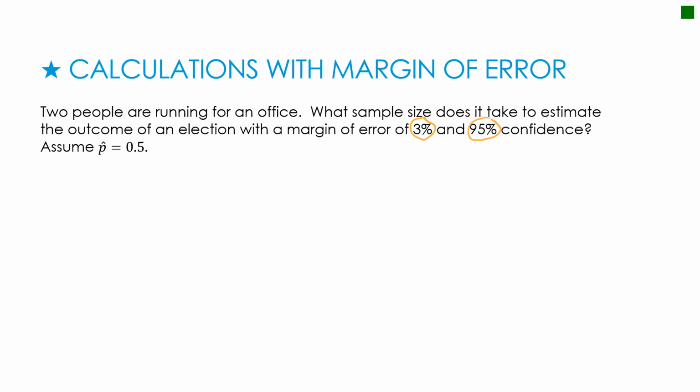Well, we don't know who's going to win, but if there are 2 people running for office, at best it's 50-50, right? Or I guess at worst it's 50-50. At best we know a little bit more information and can say with a little more certainty. But for now, let's just assume p hat is 0.5. I want you to tell me what sample size. So solve for n. So press pause, try this question, then press play to see how you did.